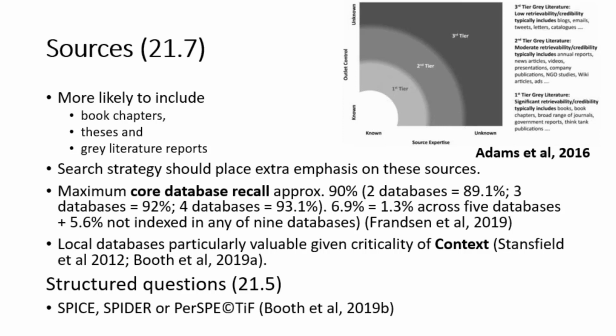Having said that, the coverage of studies included in qualitative synthesis is in the region of around 90%. You'll see figures for different searches involving syntheses that search 2 databases, 89%, 3 databases, 92%, 4 databases, 93%.